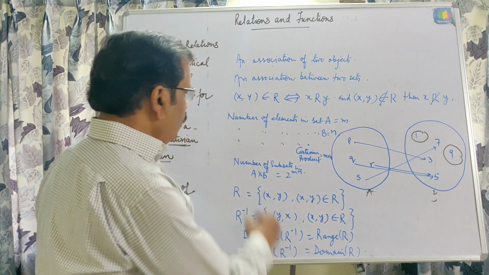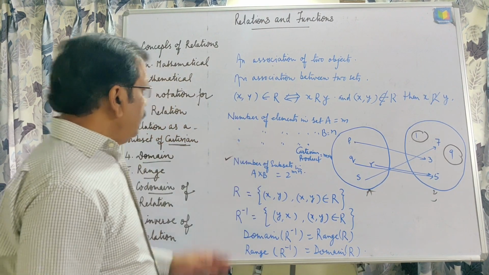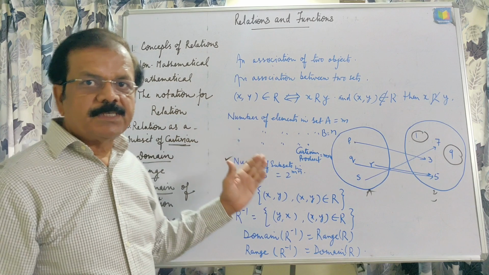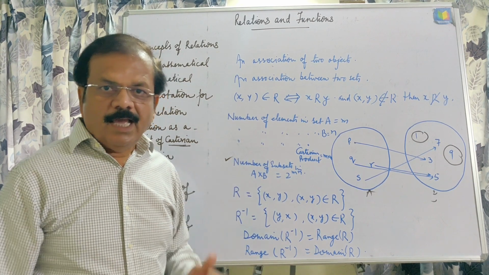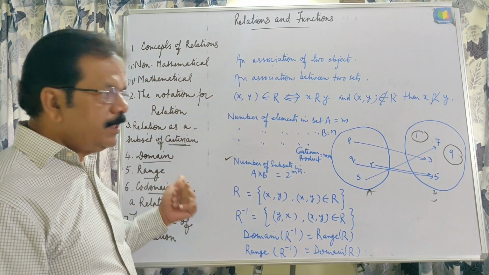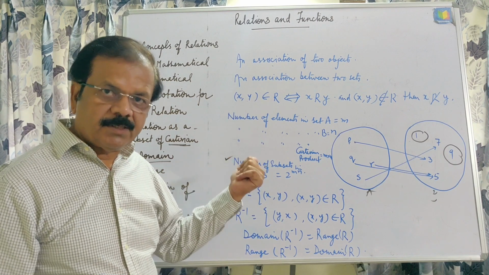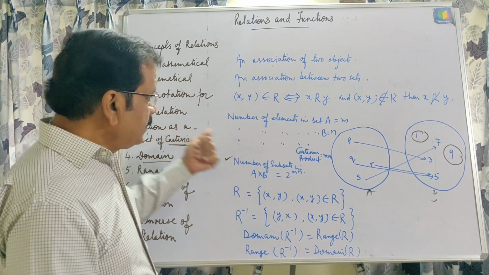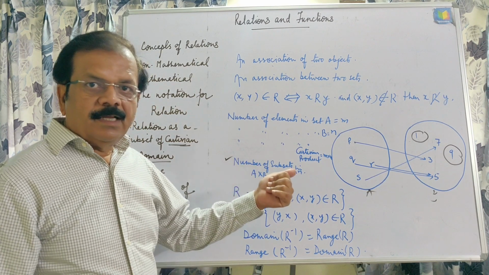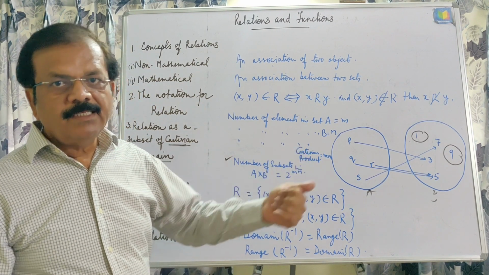And now the number of subsets. Since relations are subsets of the Cartesian product, we already studied in the last chapter that from any set we can define 2 to the power n subsets.